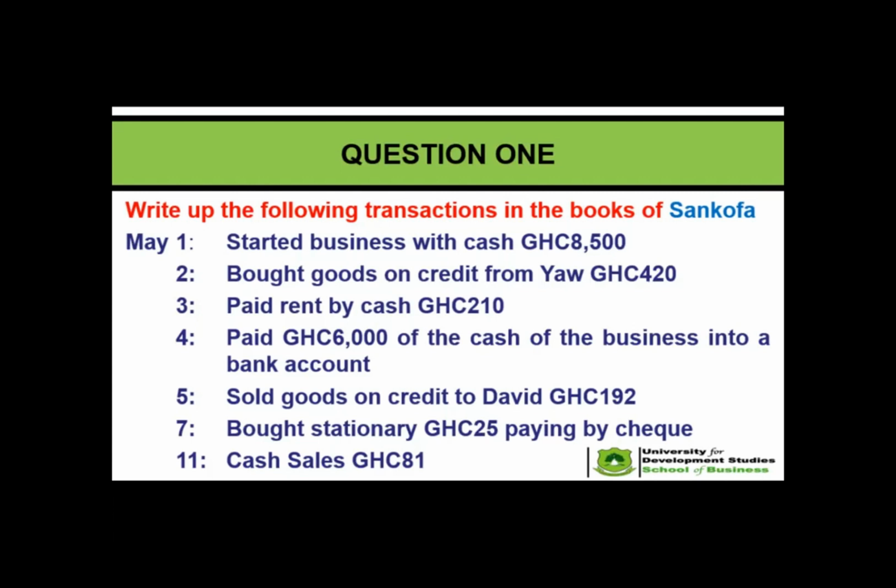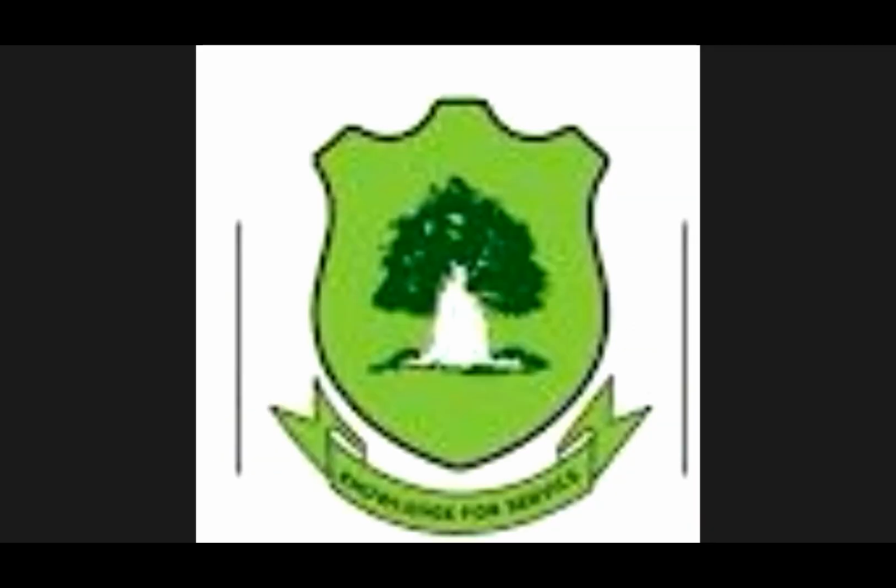Okay, there's one here, capital and Sankofa. Another one says capital and what? Cash. So when you are opening the accounts, we have started business with cash, 8,500.